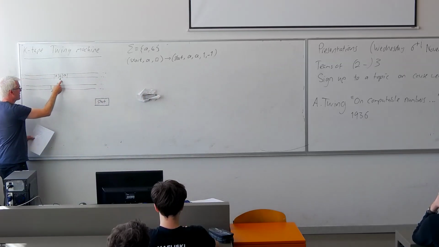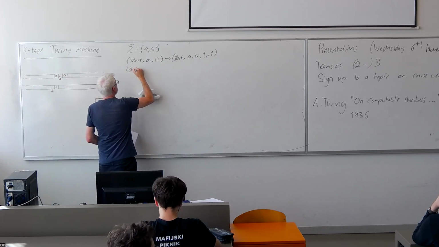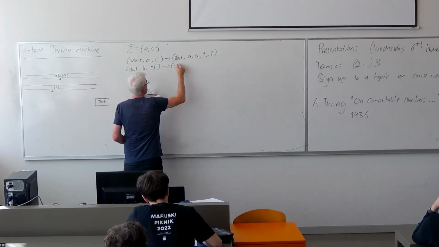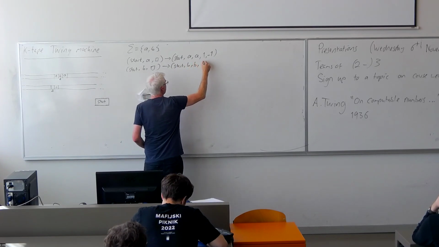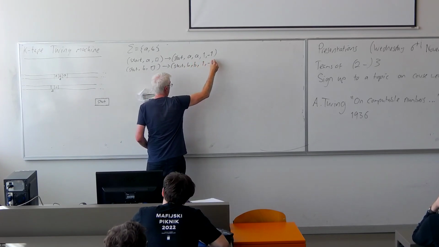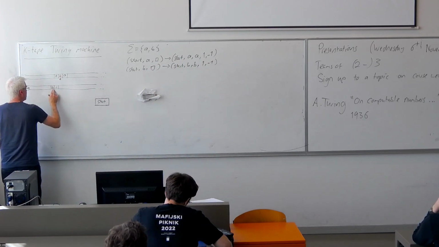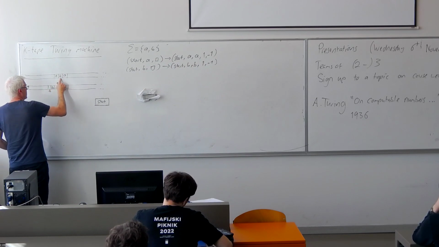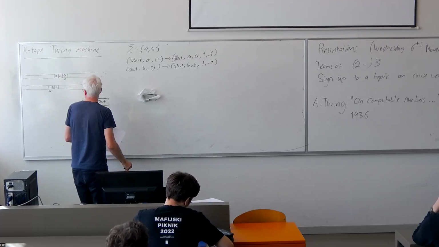Okay, we're now looking at B and a blank. So remember, in start, when you see a B and a blank, we stay in start. We keep the B on the first tape, we write a B on the second tape, and again we move one to the right on the first tape and one to the left on the second tape. So we've written a B here, we've kept the other B, moved left on the second tape and right on the first tape, still in the start state.